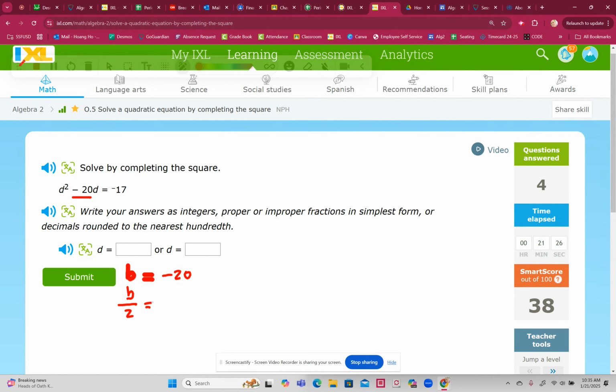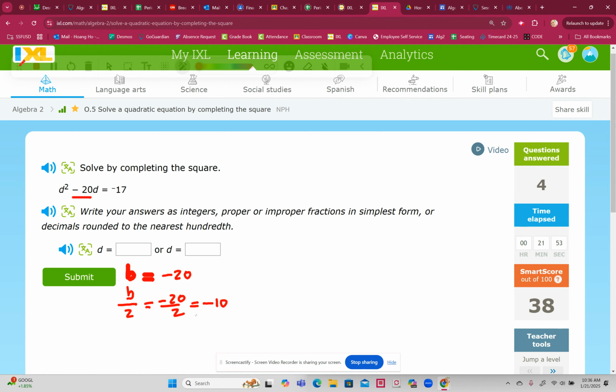Alright, B over 2. Negative 20 over 2. What is it, Brian Chan? Really, Brian Chan? You have $20, you give 2 people, each person receive how much? $10, but this is negative sign, so negative 10.